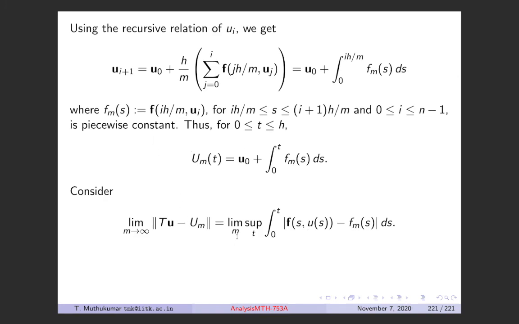Now, as m goes to infinity, what is happening is you are increasing the number of partitions of this interval 0 to h. Right? So if you are increasing the number of partitions of 0 to h, you are actually interpolating this f with finer piecewise constant functions. So as m goes to infinity, this is actually converging to f.